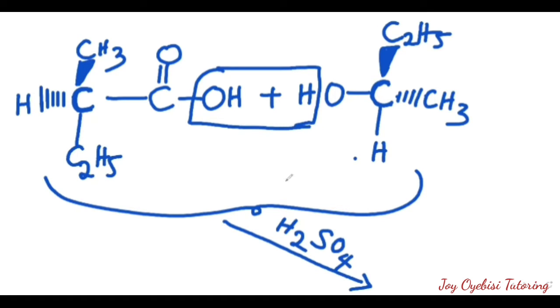So the other product will be water. When you remove this, the next thing is to join this oxygen to this carbon, so there's going to be a carbon to oxygen bond. The product we're going to have would be this.